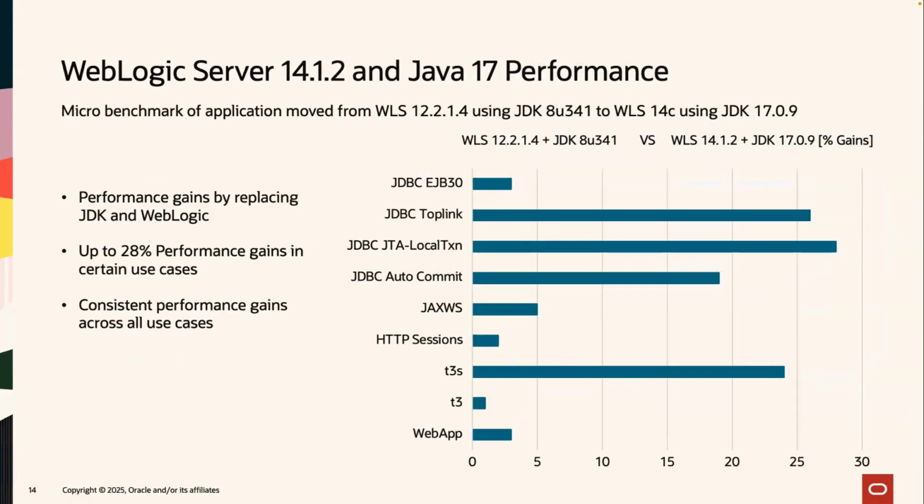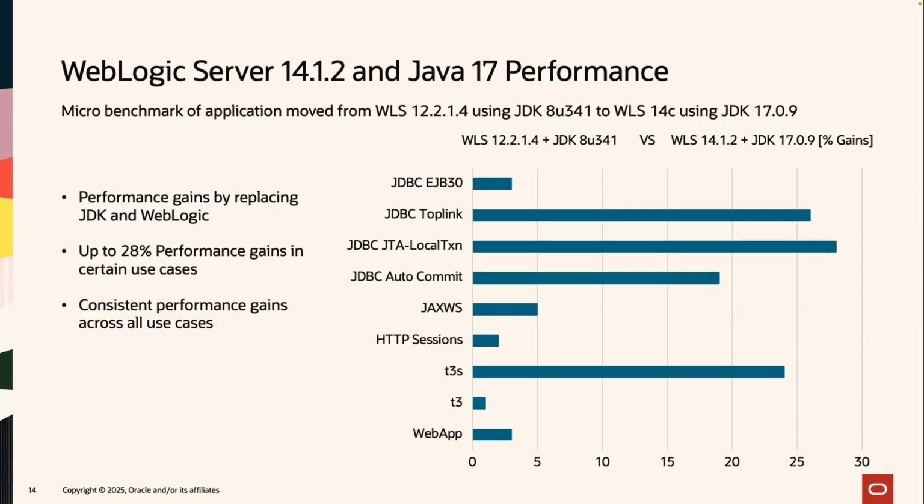If you move to 14.1.2 from, let's say, 12.2.1.4 or 14.1.1, generally speaking, we think you're going to see a performance benefit simply from moving to a more current release of Java. The Java team has delivered performance improvements in Java 17 relative to Java 8 and 11.